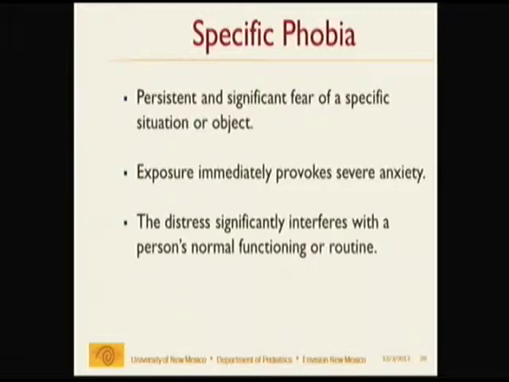But then they go to school, and in their elementary school classes, typical of many third and fourth grade classes, there may be a rodent or a hamster in a cage in the back of the classroom. And when there is exposure to that stimulus, the child experiences severe anxiety.